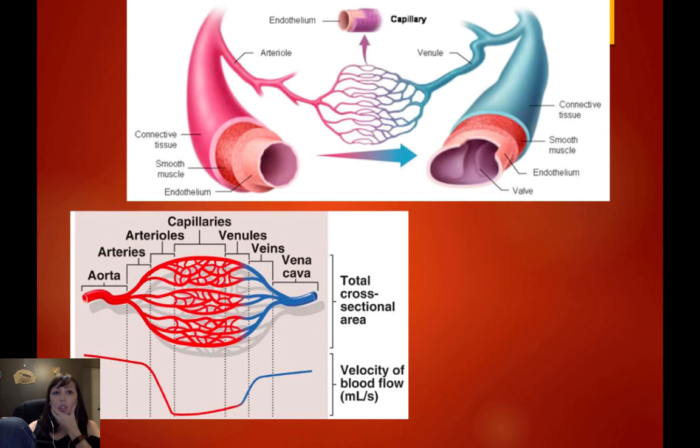You can see that in the different tissues in the arteries and in the veins, there's connective tissue on the outside, smooth muscle in between, and then the endothelium in the middle. Okay, and in the vein, you can see there's the connective tissue, the smooth muscle, and the endothelium, similarly to the artery, but then on the inside, you'll see that there are valves, okay? And we'll get into more about what those valves do.